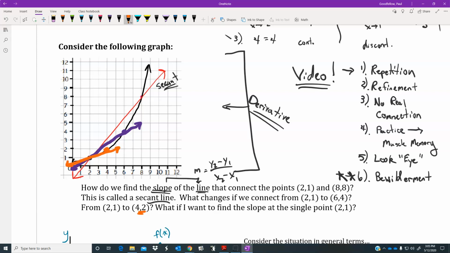Now, each one of these secants, as you're probably noticing, as they start to move down this graph, they're moving closer and closer until they get so close they're actually on the point, and that line would no longer be called a secant, but this green one would be only touching just the point where it is on the graph at 2 and 1, and that would make it a tangent to the line.